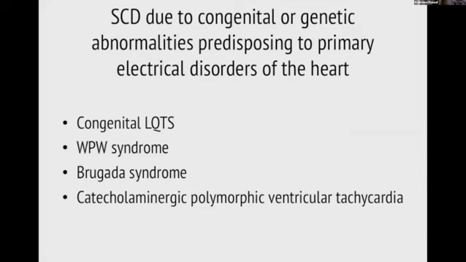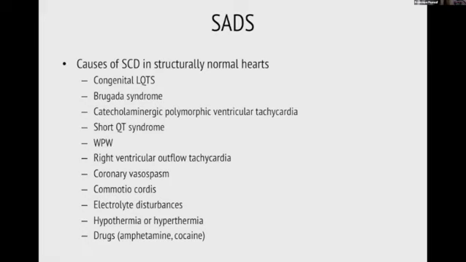So they have an autopsy negative sudden unexplained death, which is referred to as sudden arrhythmic death syndrome, SADS. So at least 50% of these deaths are attributable to inherited ion channelopathy, like congenital long QT syndrome, Brugada syndrome, and catecholaminergic polymorphic VT. And fatal tachyarrhythmias due to undiagnosed accessory pathways comprise other potential causes.